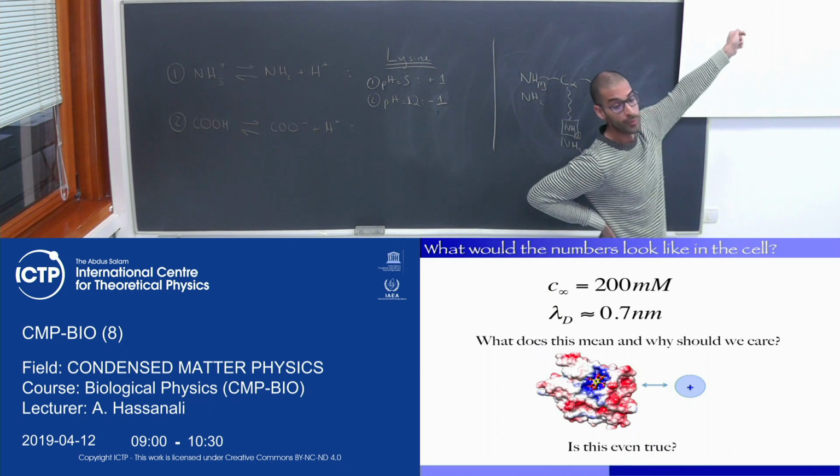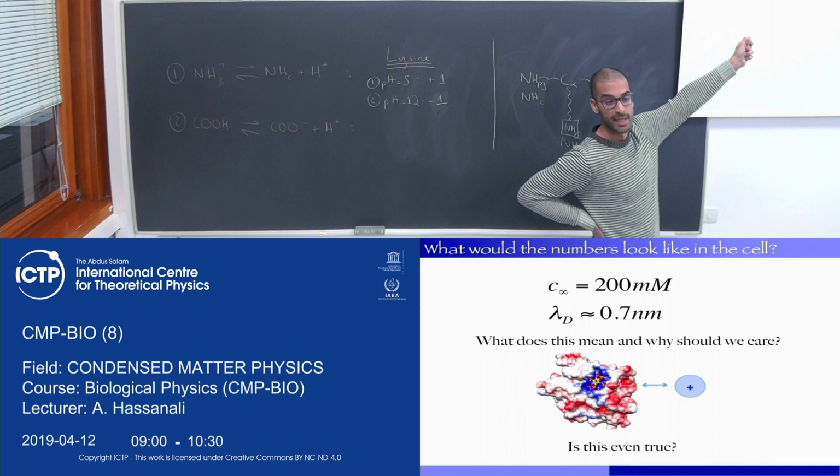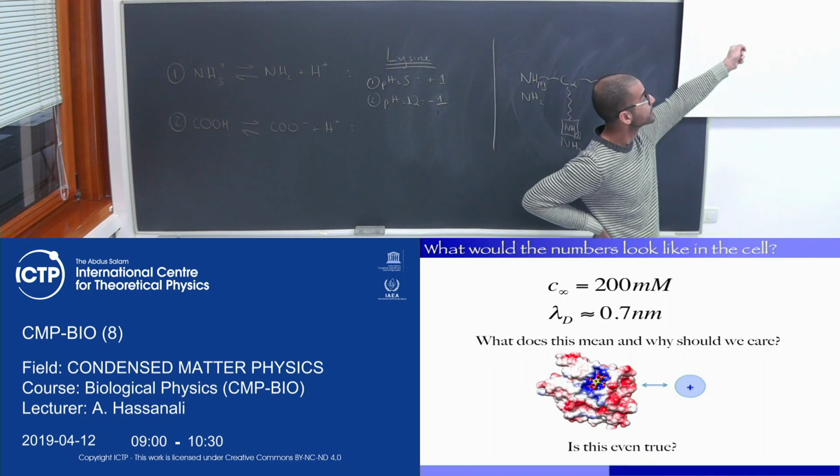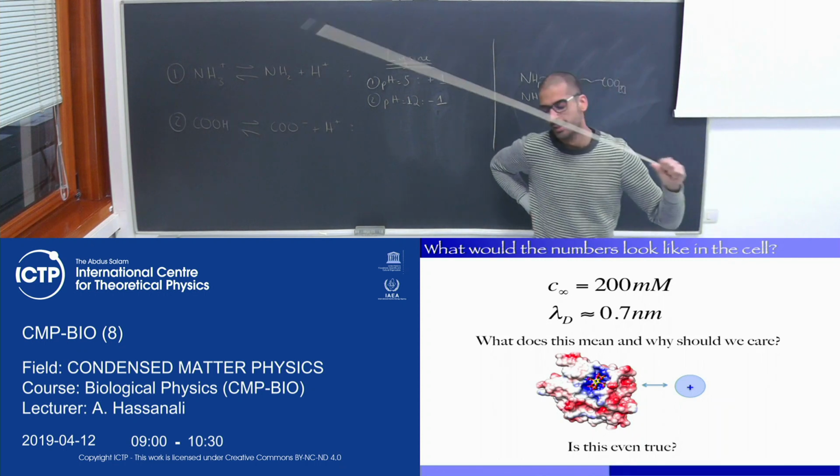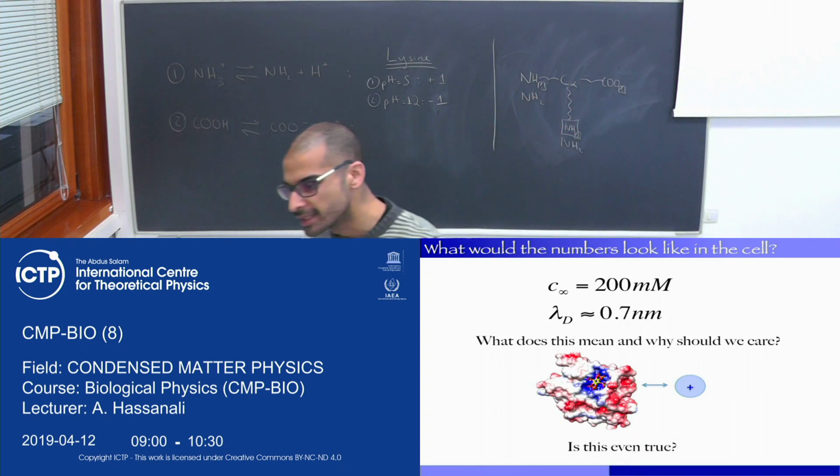So, just to go back, if we consider the concentration of potassium ions or sodium ions in the cell, you can show yourself that using a dielectric constant of 80, the Debye screening length is about 7 angstroms. Well, is that true? I guess it'll depend on case by case. Sometimes it works, sometimes it doesn't.